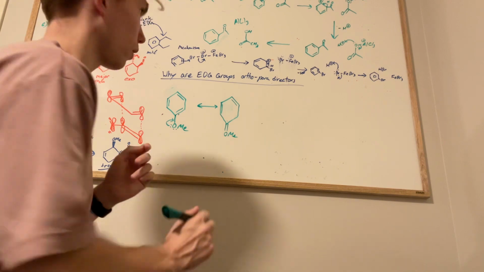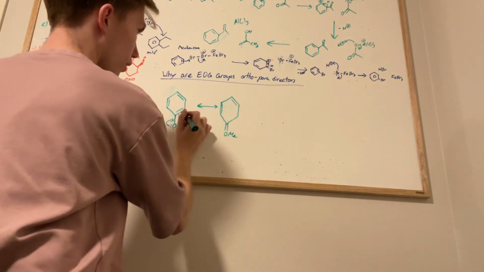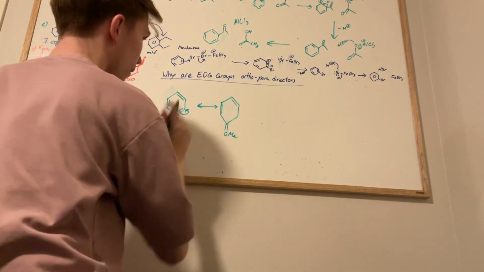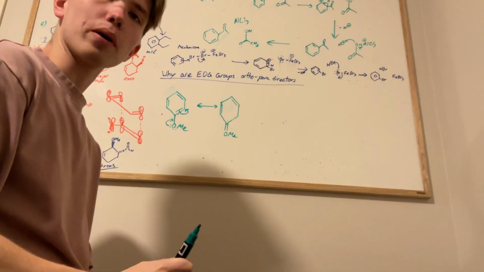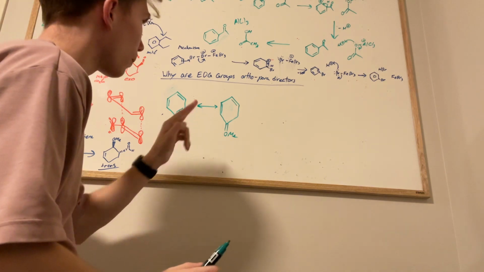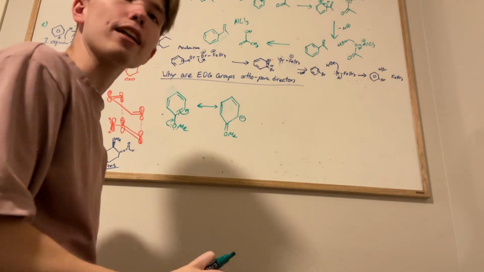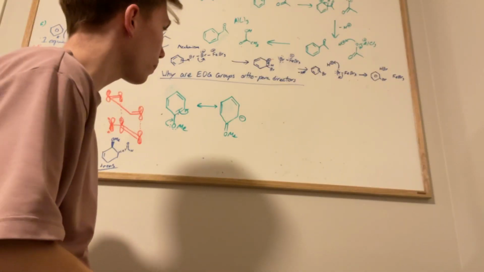So we take this double bond, break it, and place the electrons from the pi bond onto this carbon here. And so now we've got a negative charge on that carbon.